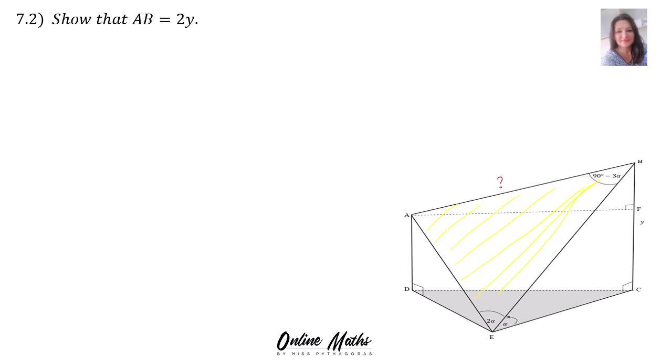It's that one. And since it's not a right angle triangle, we can use either the sine rule or the cosine rule. But first of all, I want to show you something. Okay, remember from the previous slide, we had that BE was y over sin alpha.